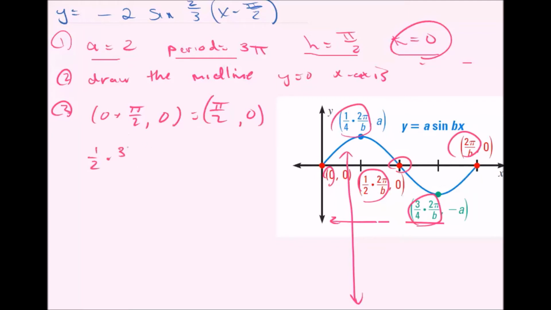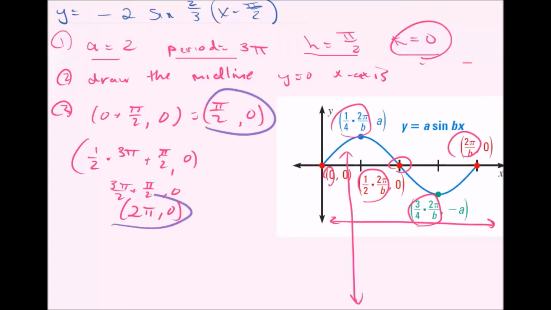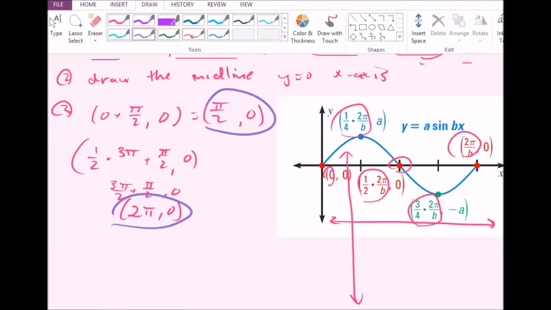The period is 3 pi, plus pi over 2, 0. So we have 3 pi over 2 plus pi over 2, 0, which will give us 2 pi, or 4 pi over 2, 0. So that's our second point. First point, second x-intercept. Let's go ahead and find the third one.